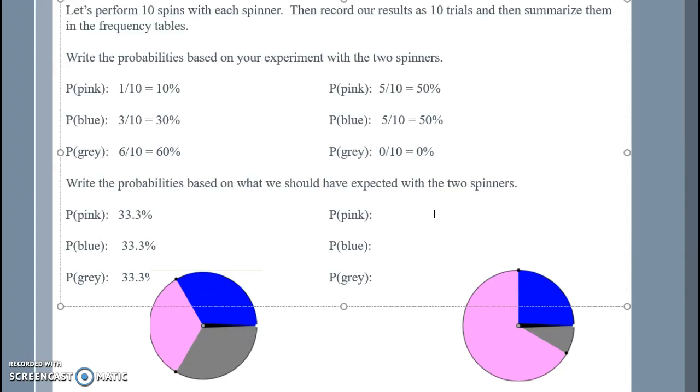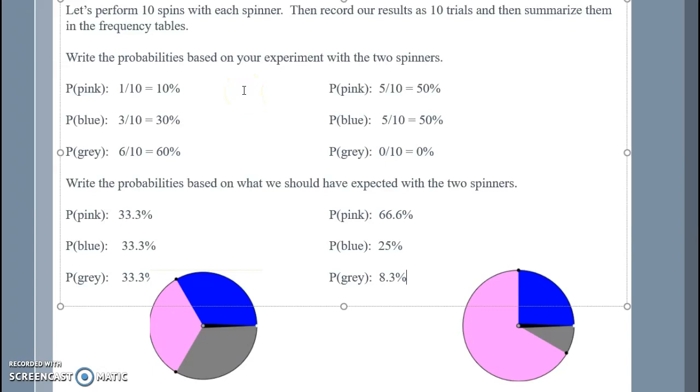Here I set my pink to be 66.6%. I set my blue to be 25%. And I set my gray to be 8 1/3%. Okay. Altogether, it should have been 100%.